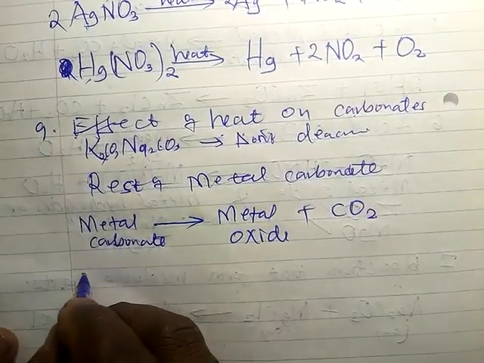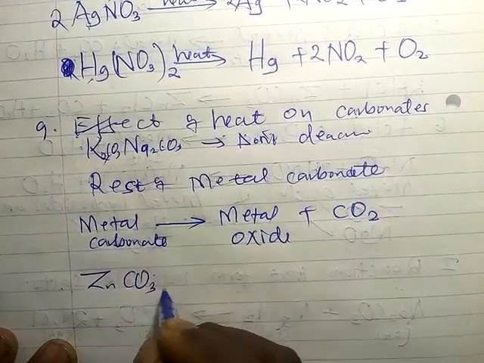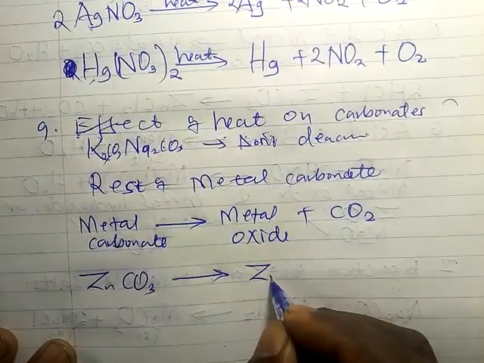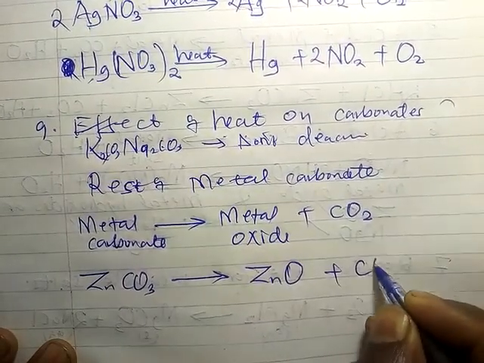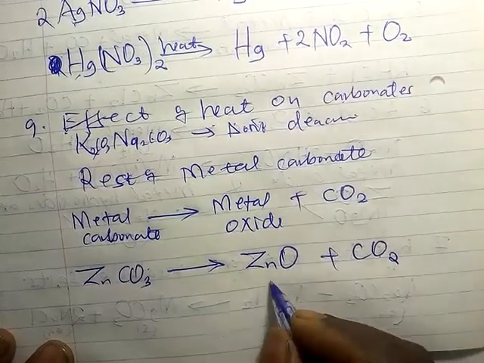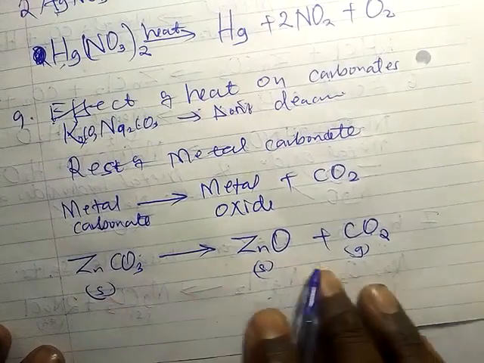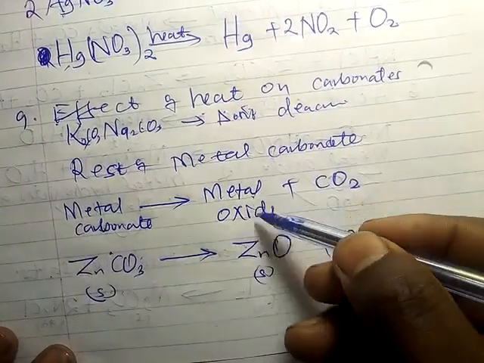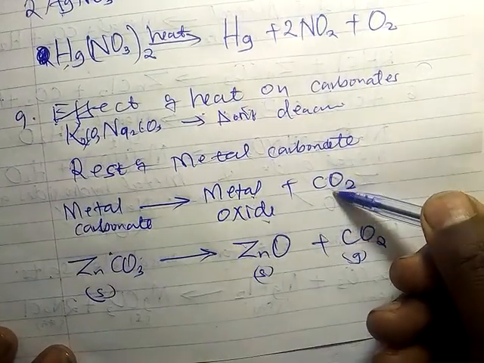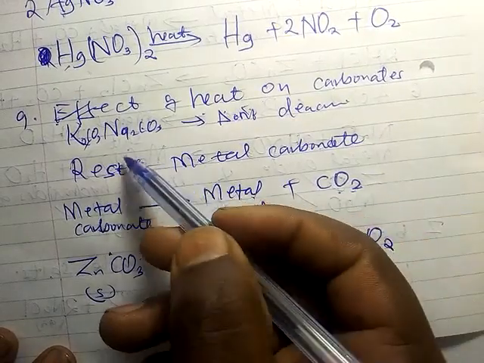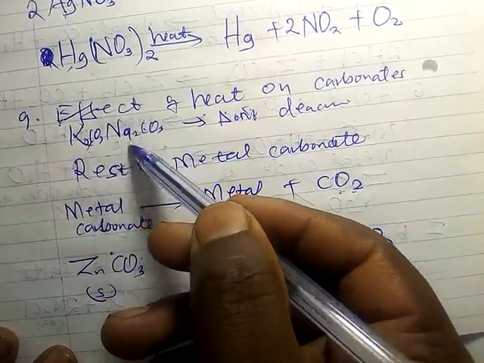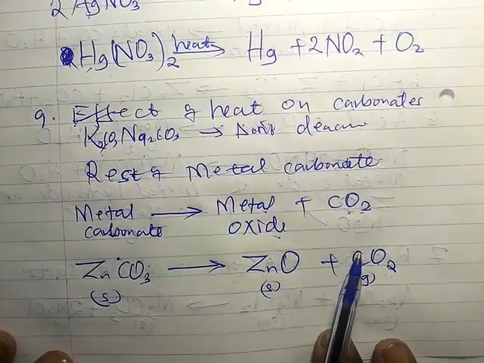For example, you can take zinc carbonate. It will decompose to give you zinc oxide plus CO2. So all carbonates will decompose to give you the metal oxide plus carbon 4 oxide, except potassium carbonate and sodium carbonate, because they do not decompose on heating.